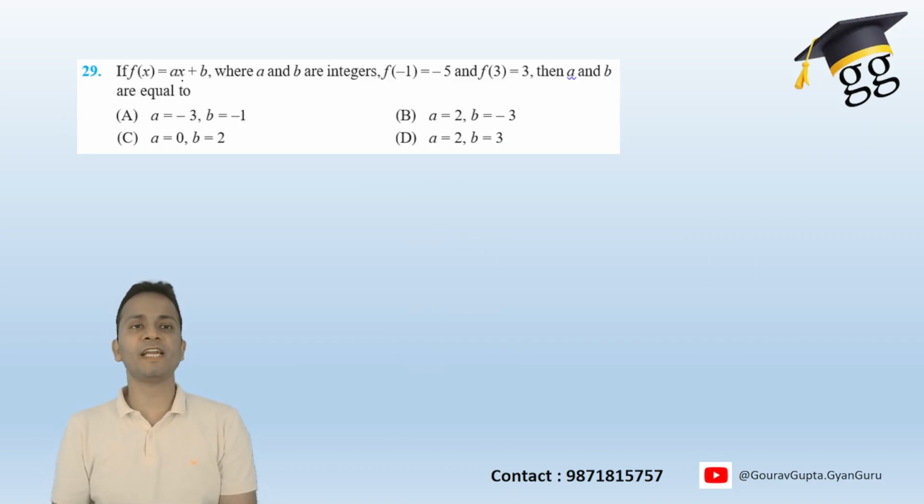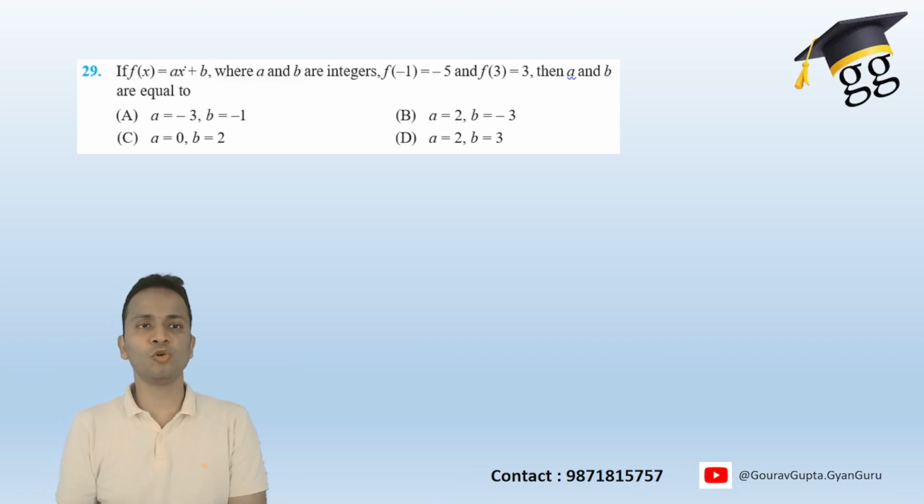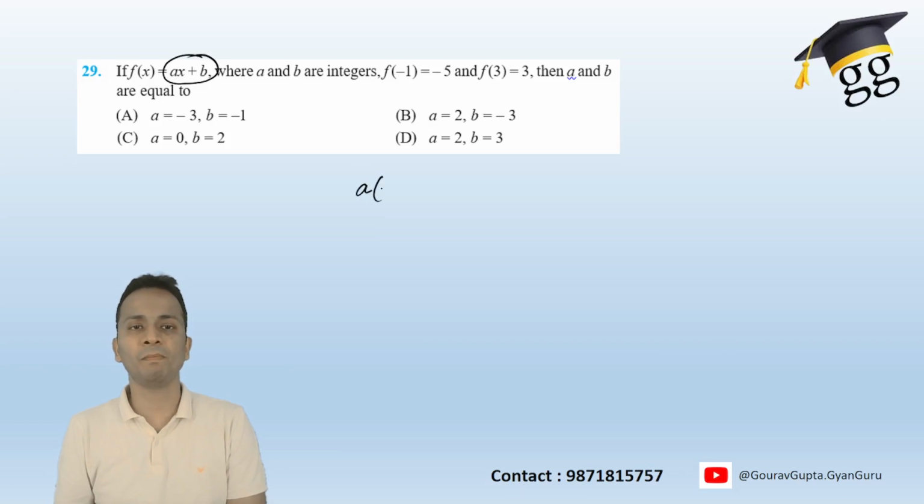The function is defined as ax plus b, where a and b are integers. It is given that f of -1 is -5. So let's substitute x equal to -1 in this function. That will give me a multiplied by -1 plus b, and that should be equal to -5 according to the definition.